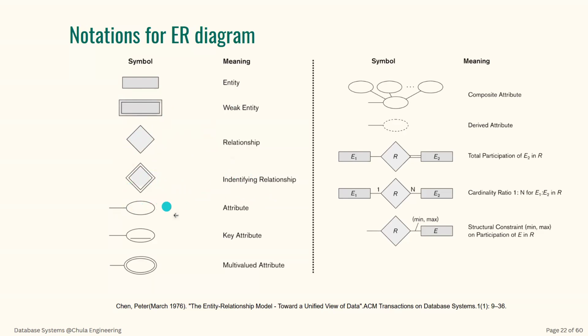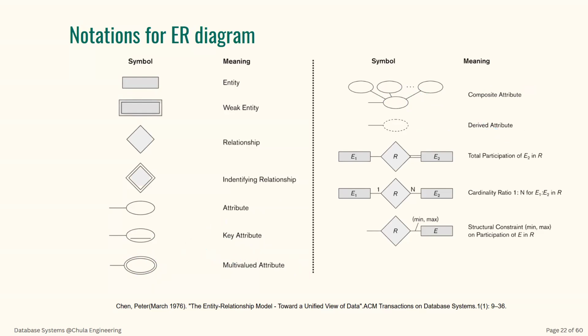An attribute is an ellipse here, but if it is a key attribute, you underline it. And if it is a multi-valued attribute, you do the double lining, all right? Now, further on, if it's a composite attribute, you can draw an attribute and then you can draw a line to include other attributes to that attribute. Now, I didn't mention this earlier, but I did mention the word derived attribute.